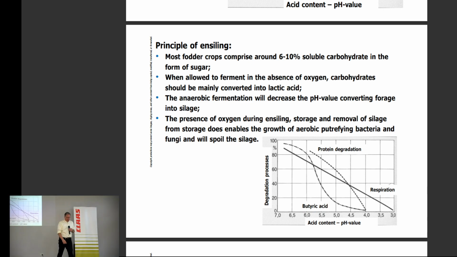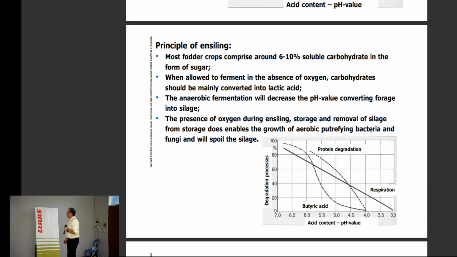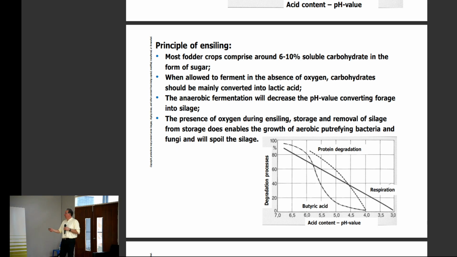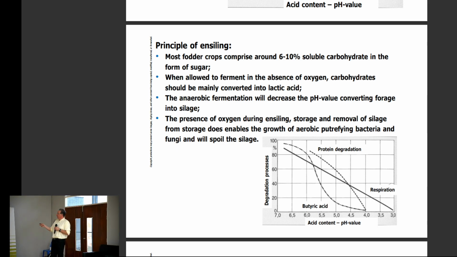Therefore, what you need is a certain percent of carbohydrates, because these are the source when there is no oxygen that you produce this lactic acid, which is used to run the pH down. So that's the main point.